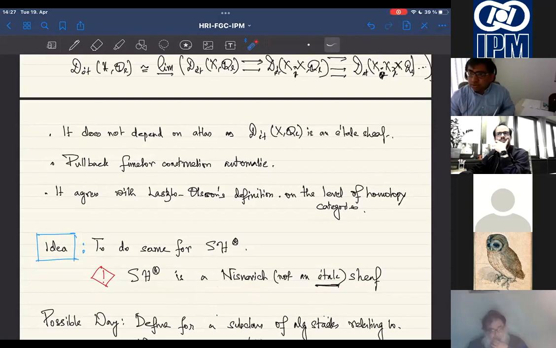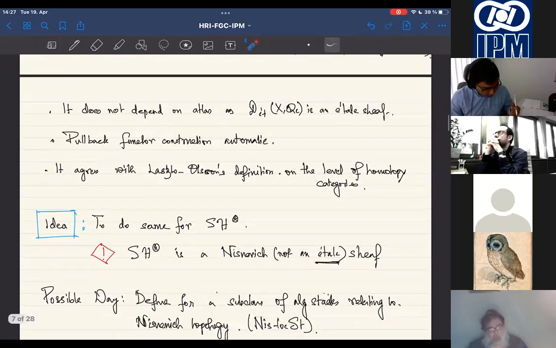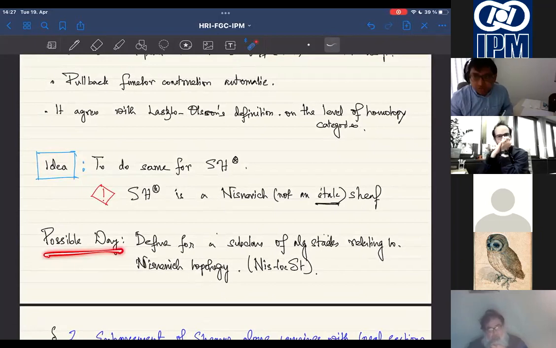And if I do the same definition, take any arbitrary atlas and do this limiting process, a dependency arises because it's not étale anymore. A possible way to get around this, which we try to do, is to define a subclass of algebraic stacks where this Nisnevich topology is associated, and where we can do this in a similar way so that it doesn't depend on the choice of an arbitrary atlas, but rather on a specific atlas that these algebraic stacks have.